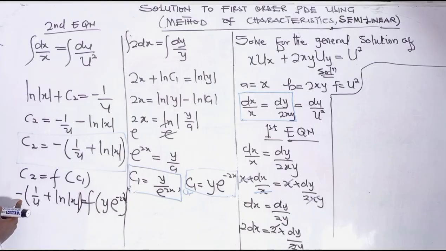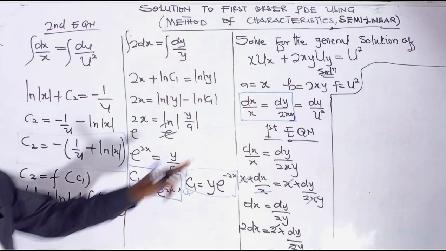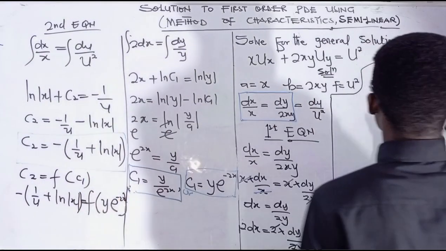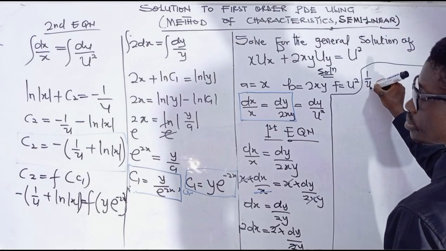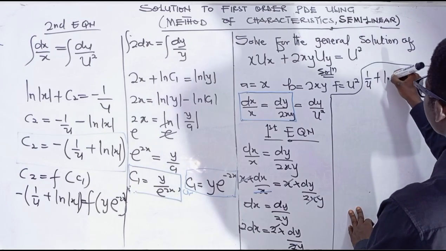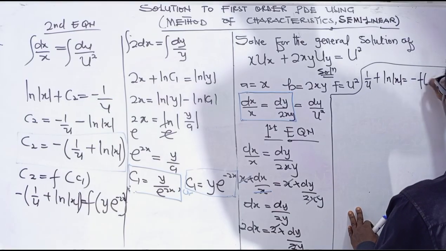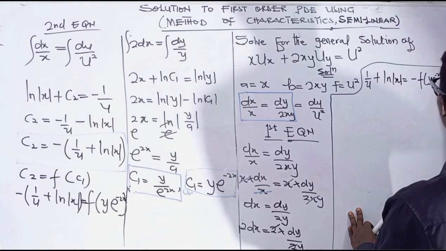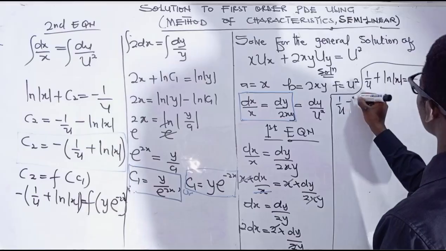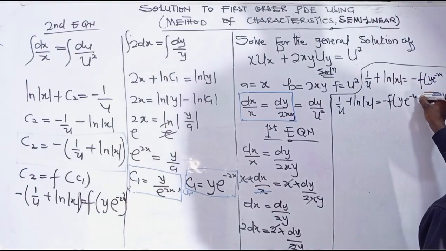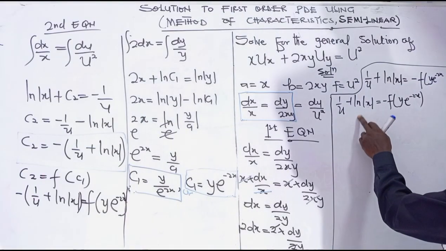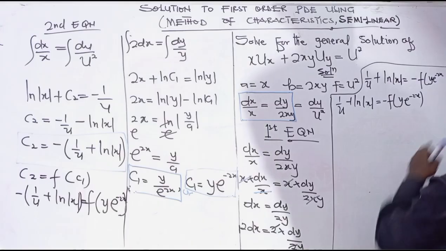So what we are going to do here is to multiply through by the negative. Let's continue from here. So we are going to have 1 over u plus ln x is equal to minus a function of what? y exponent negative 2x. We want to make u the subject, so let's bring this to the right hand side.